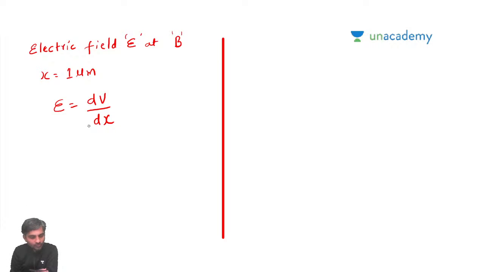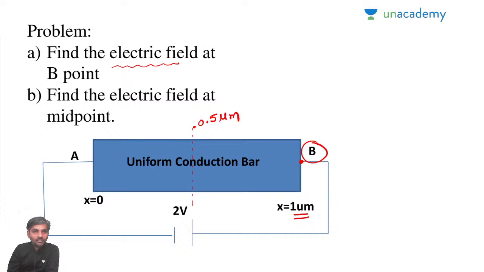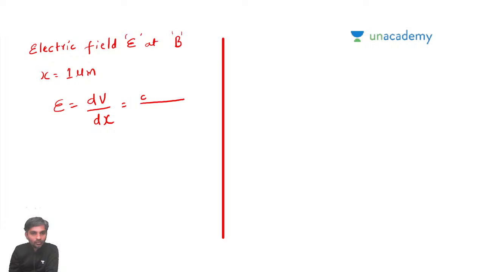How much voltage difference will it be? Here it will be 0, and at this point you will have 2 volts. So you get 0 minus 2 volts by dx.